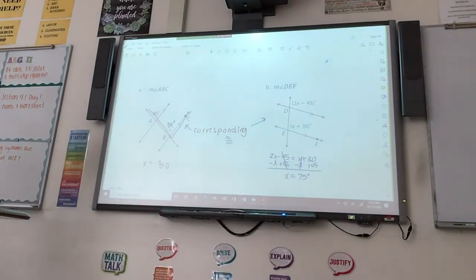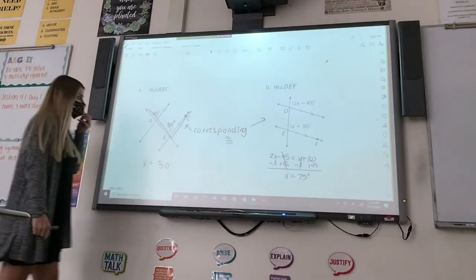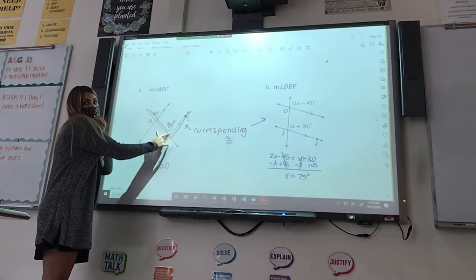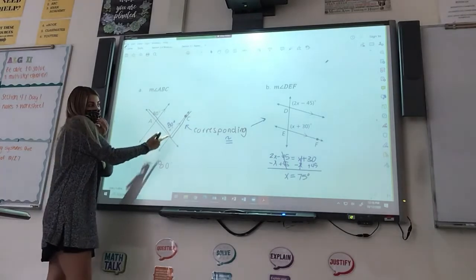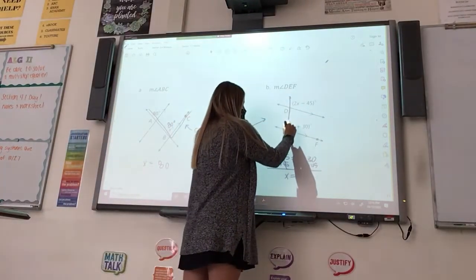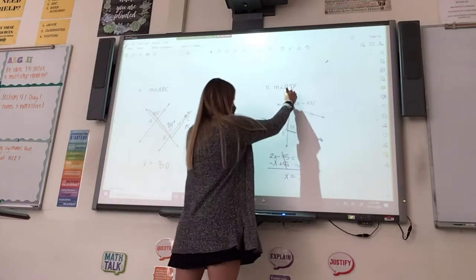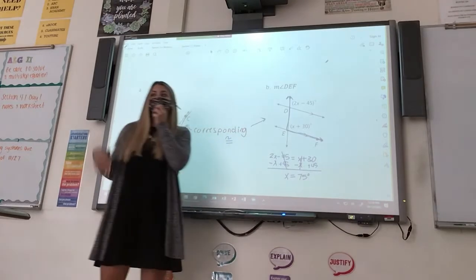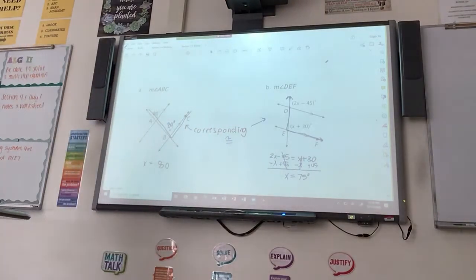Now this one is slightly different from part A, because in part A the angle I was trying to find was just x. So once I found x, I found the angle. In this one, I'm trying to find angle DEF right here. So I can't just say the angle is 75 degrees, that's just x. How do I find the measure of angle DEF?